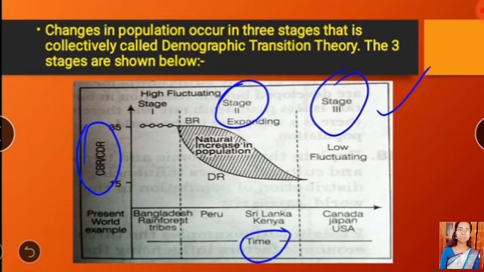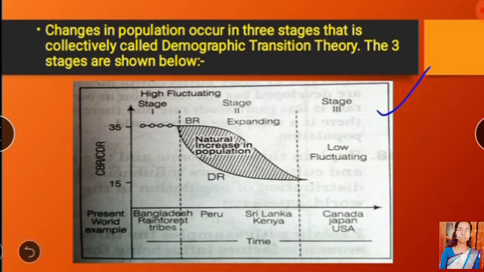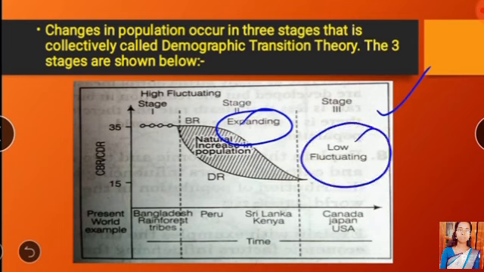And in the second stage, population is expanding. And in the last stage, population is low fluctuating. Let us study these 3 stages in detail.